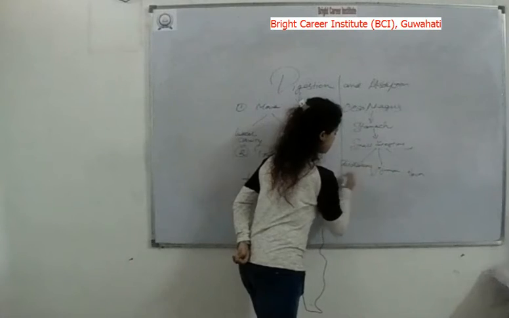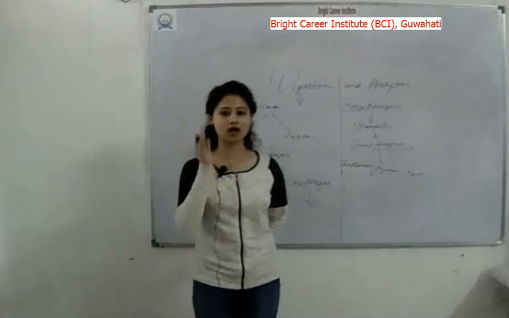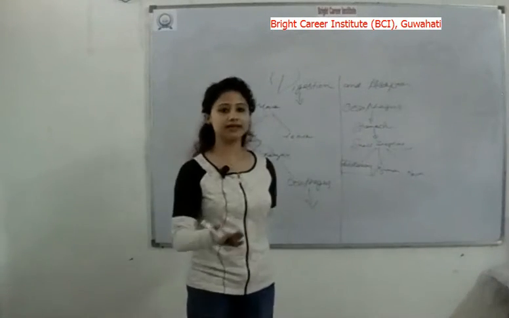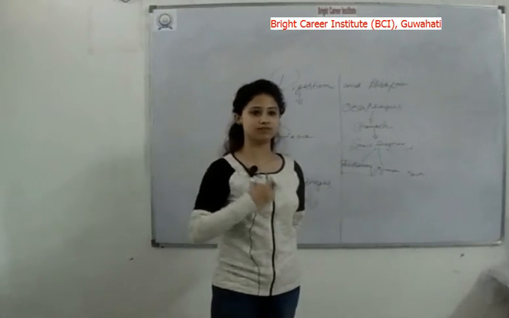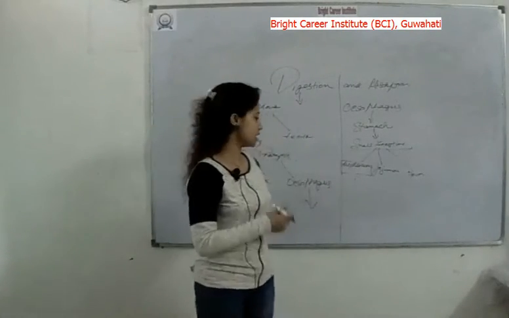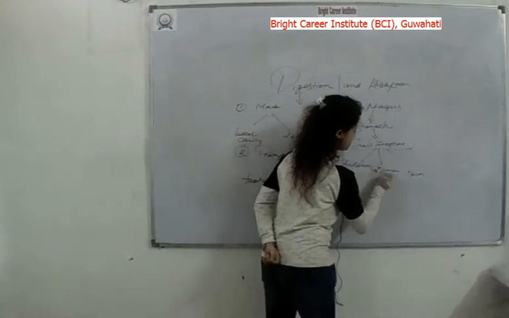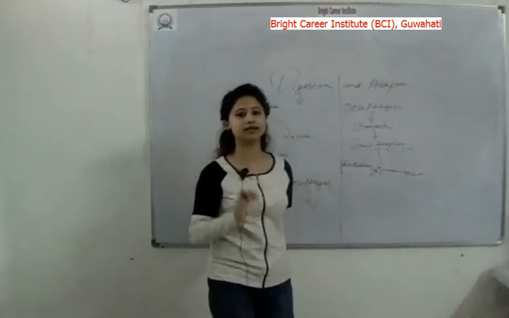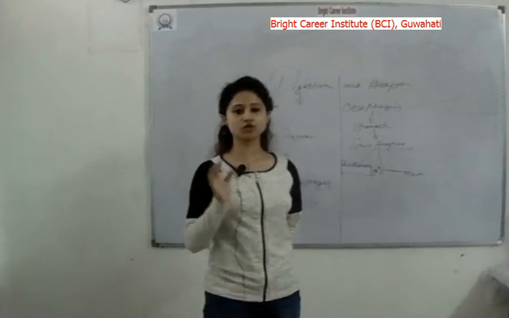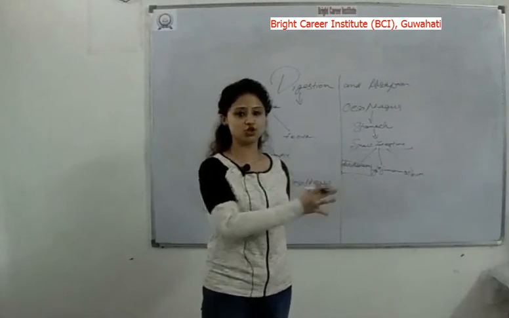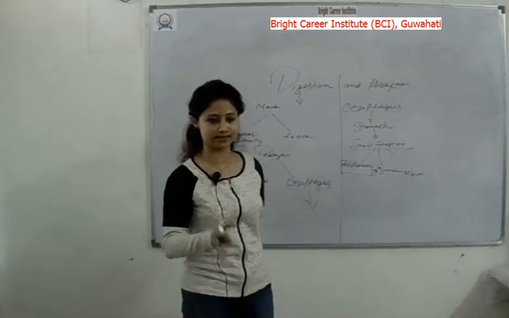Duodenum is the part where the complex molecules are being broken down into simpler forms, and they are then transferred to the jejunum and ileum for the final absorption. The final absorption process takes place in the jejunum and ileum portion of the small intestine.